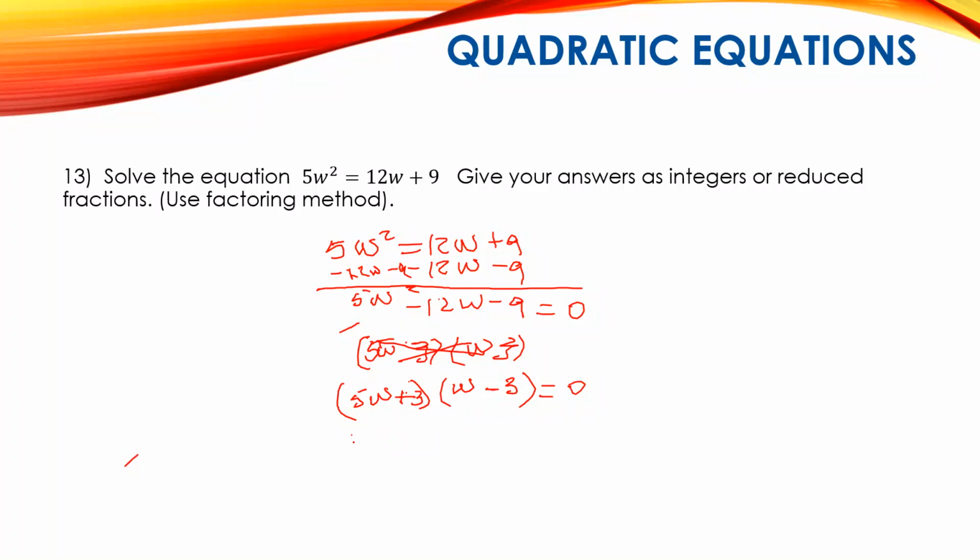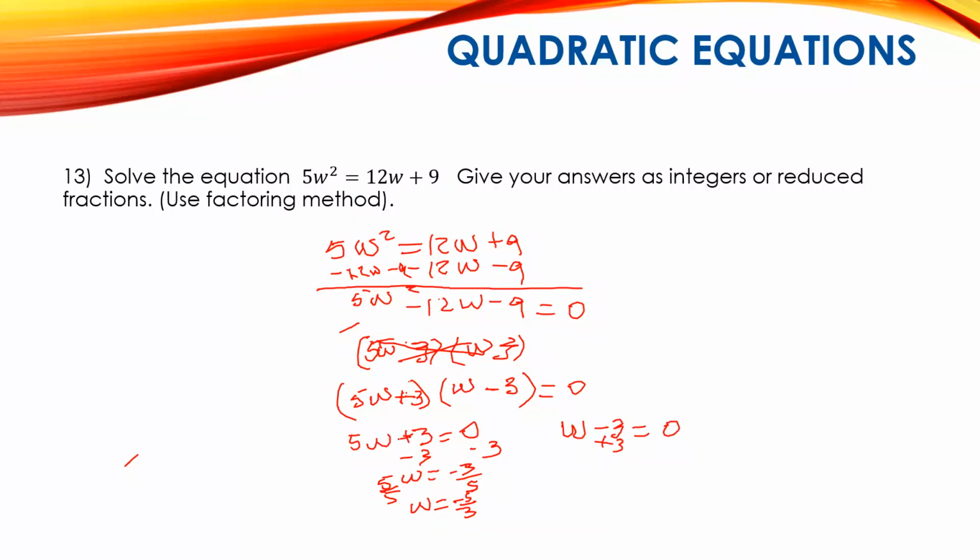So the solution will be 5w plus 3 equals 0. That means negative 3, and 5w equals negative 3, and w will be negative 3 over 5. And w minus 3 equals 0. Sorry, I just have something here that I have to fix.